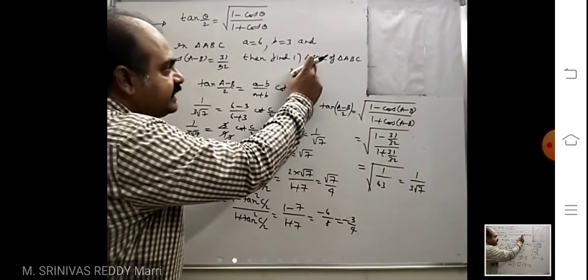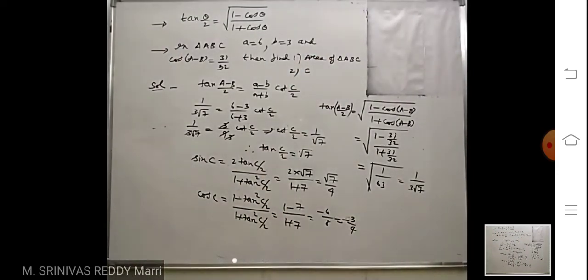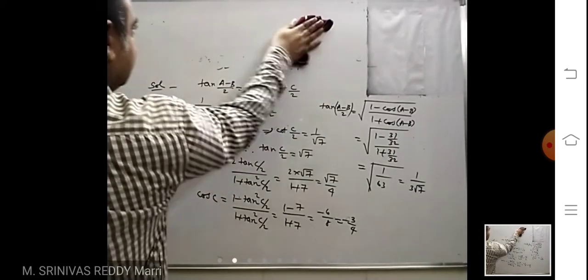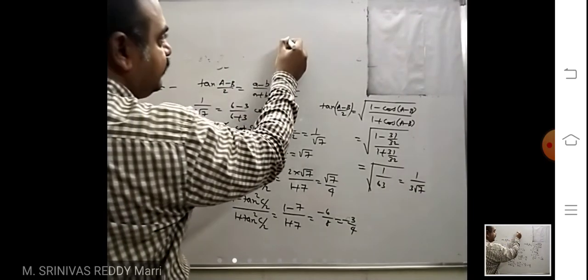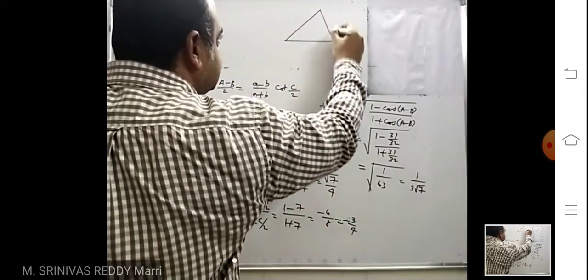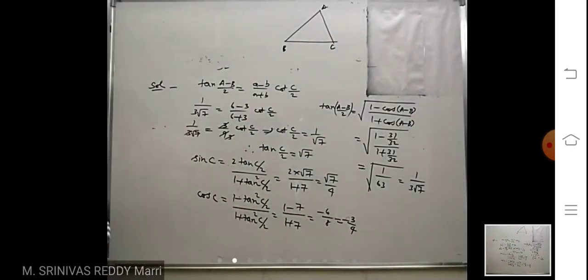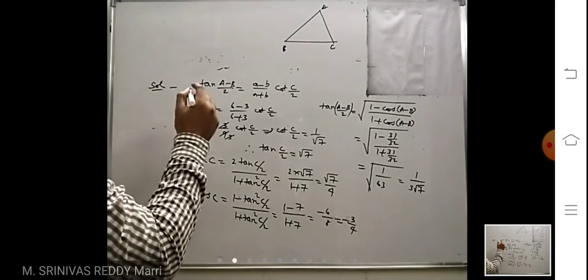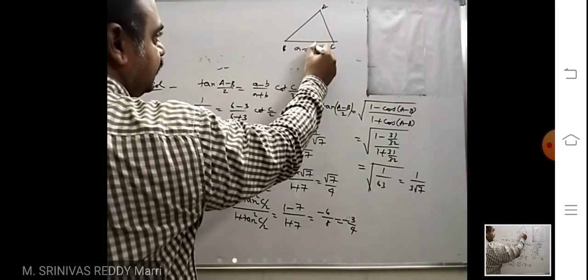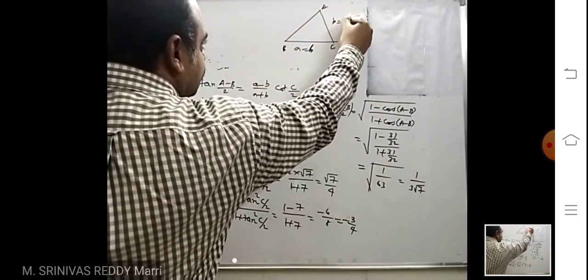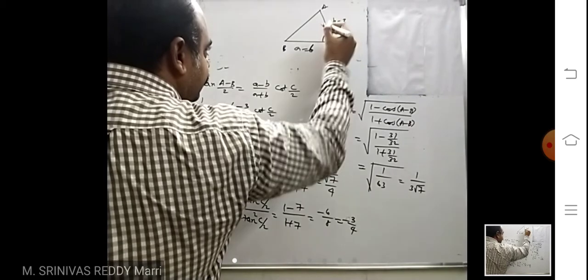Now what is to be calculated? The first question is the area of triangle ABC. Look at the triangle ABC. It is given a equals 6, b equals 3, and sin C I have calculated here.